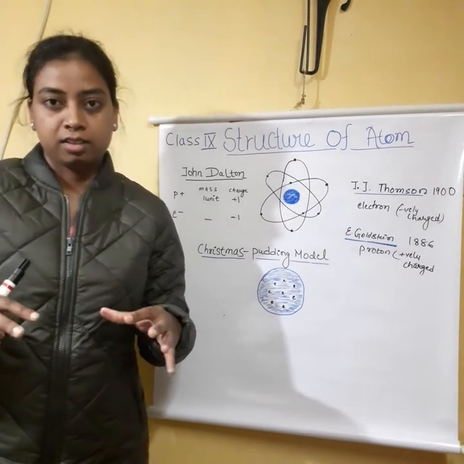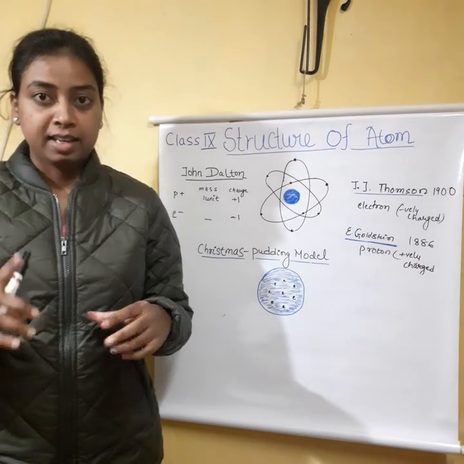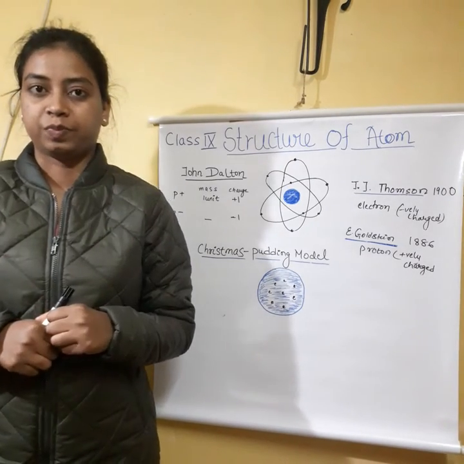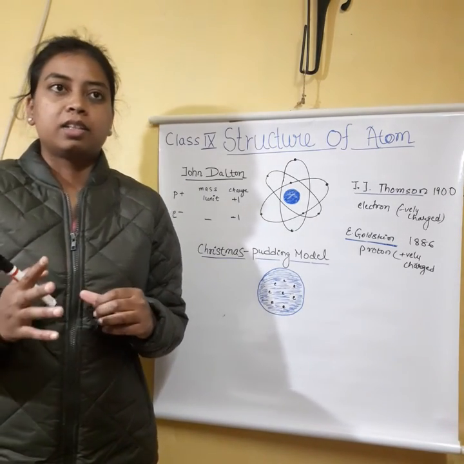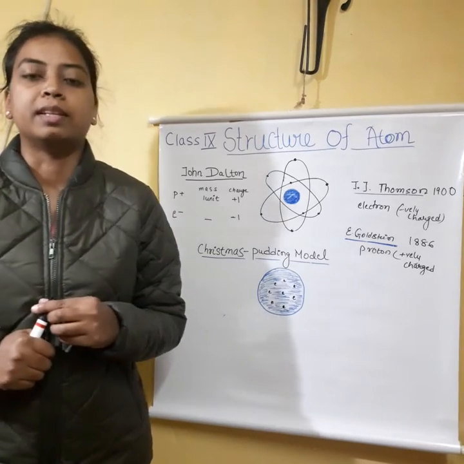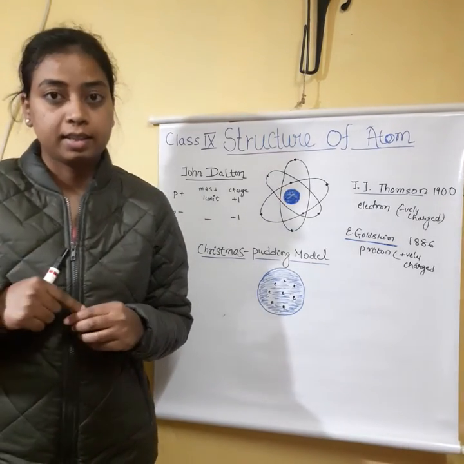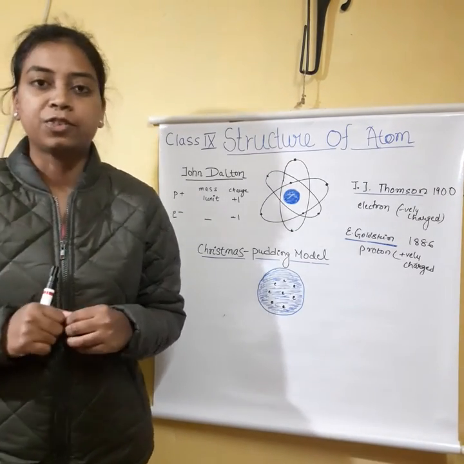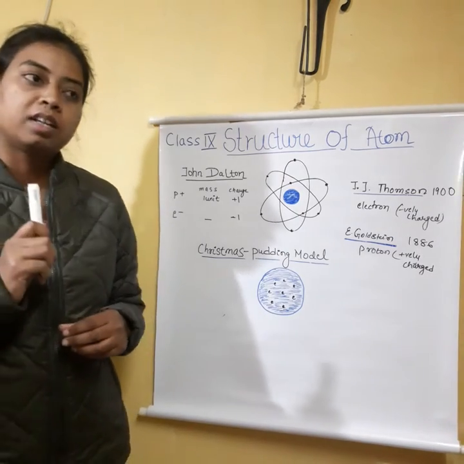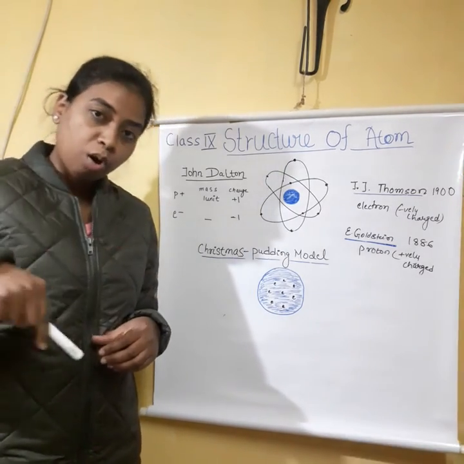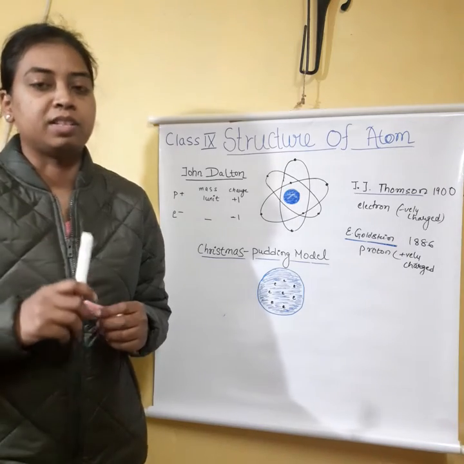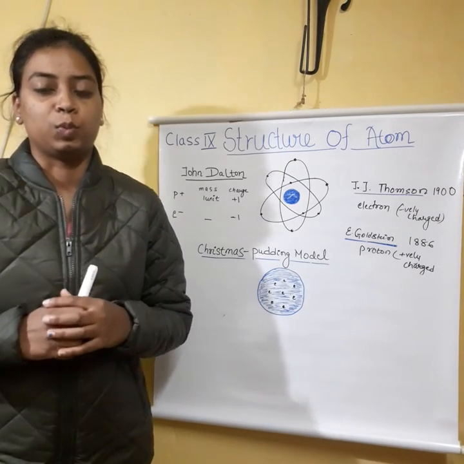The cake, the edible part, is the positive sphere. And if we take the example of watermelon, the red edible part is our positive sphere and the seeds which are spread all over it are negatively charged particles, that is electrons.